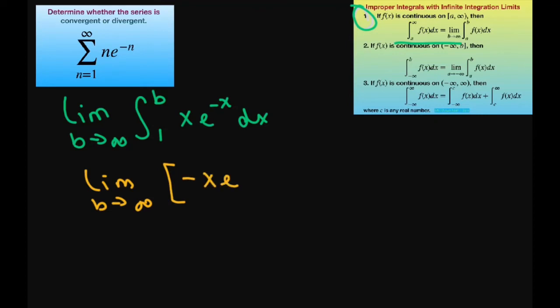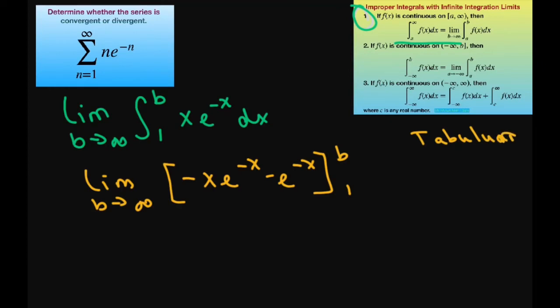All right, so that's what we have here, and our function is x e to the negative x power dx. So this is going to be the limit as b approaches infinity, and then we already did the tabular integration, and this was it. You could have done integration by parts.